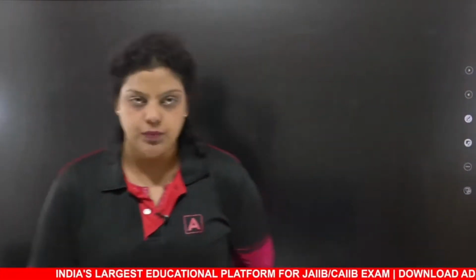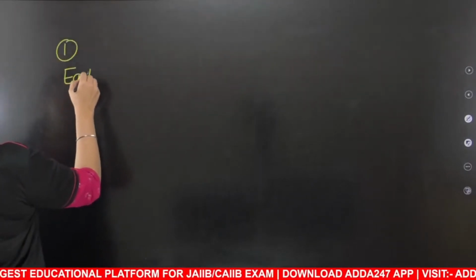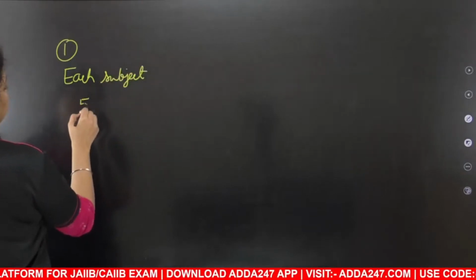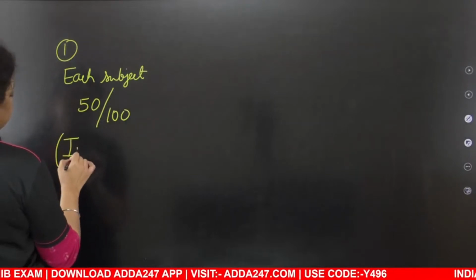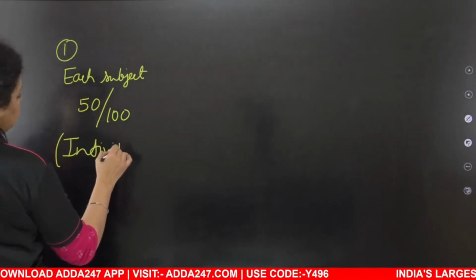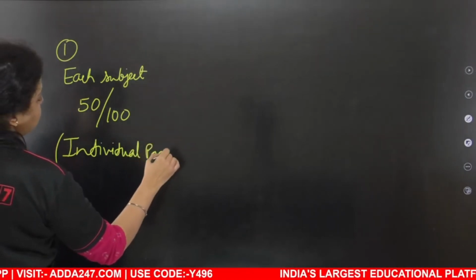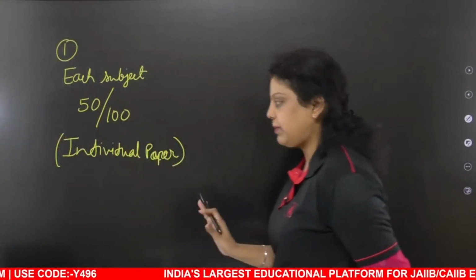Now let's understand these 2 points very clearly in depth. The first condition is saying that in each subject you need 50 marks out of 100 when you are giving an individual paper. Okay, when you are giving the paper of an individual subject, then you have to score 50 out of 100. That's what the first statement is saying.